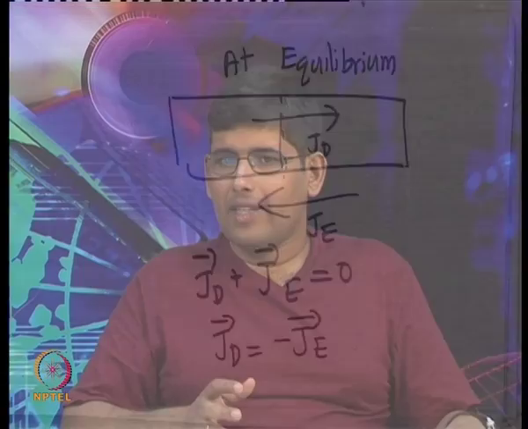So, now let us have a look at a few more details. What did we say a minute ago? We said that when there are charges, there will be an electric field. So, there is one more idea that you want to understand about electric field and charges.